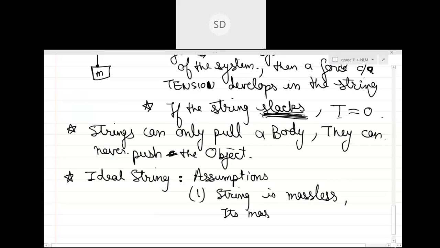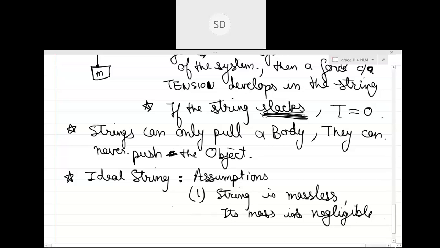So basically this is the first assumption: the string will not have any mass. Whenever you do problems based on Newton's laws of motion, you will not consider the mass of the string unless mentioned in the question.